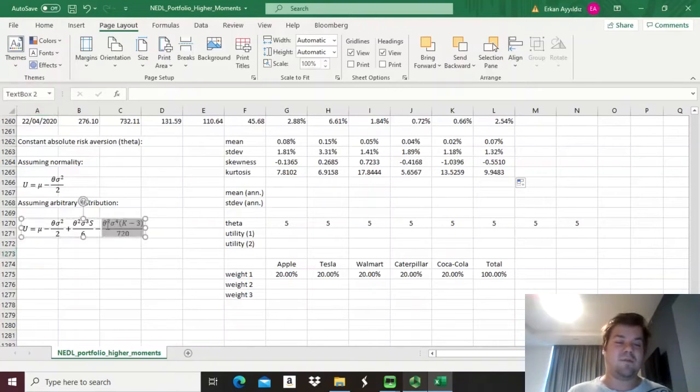Also, as we can see from this term here, investors dislike heavy tails and high probability of extreme losses or gains, extreme events. That's why here we have kurtosis minus 3, as bear in mind, kurtosis equal to 3 is the kurtosis of the normal distribution.